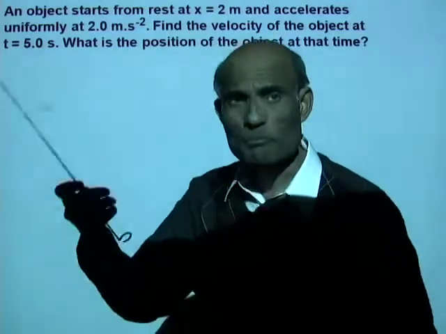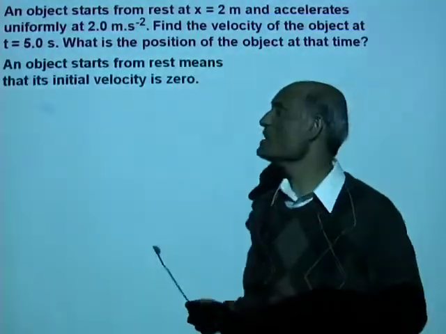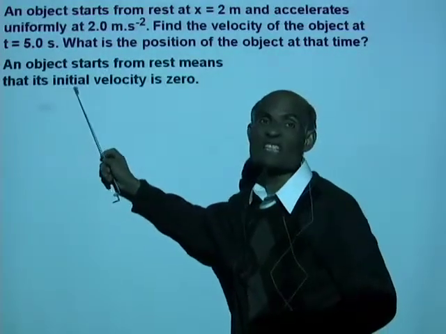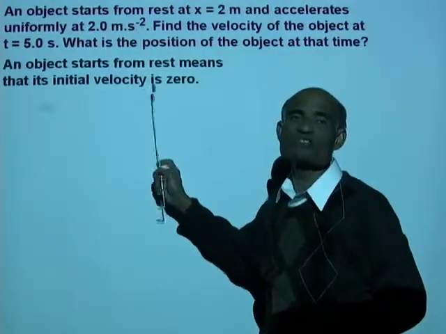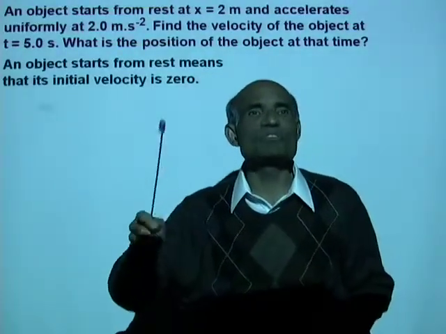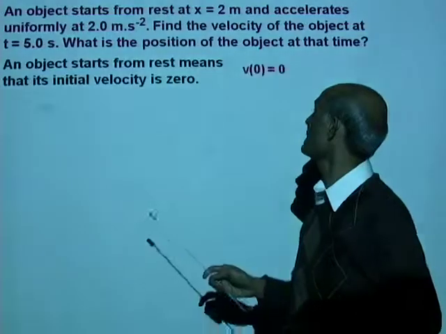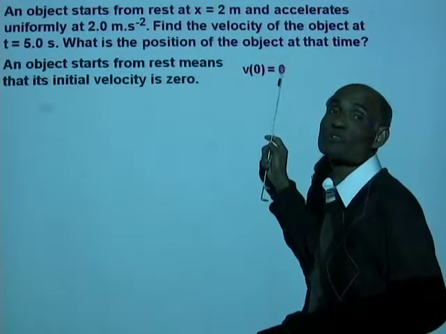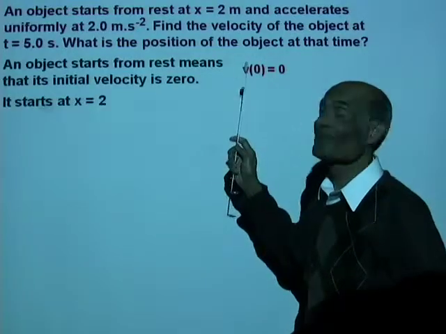Okay, let's put down the given data. What do we know? An object starts from rest means that its initial velocity is 0. Initial velocity means when t equals 0, the velocity is 0. So we write it like this, v0 equals 0.